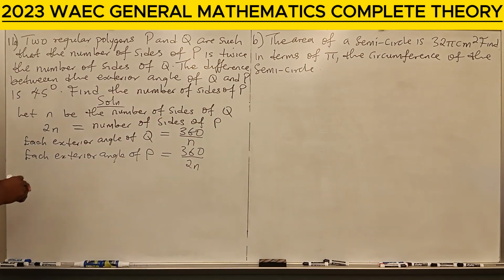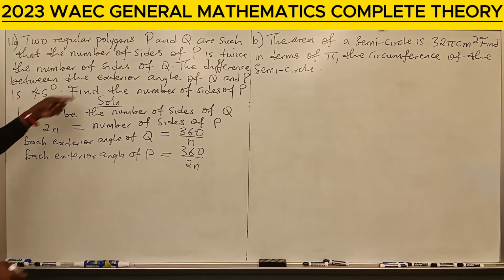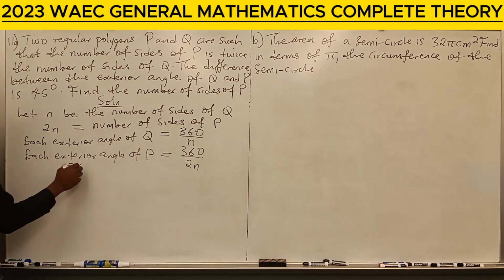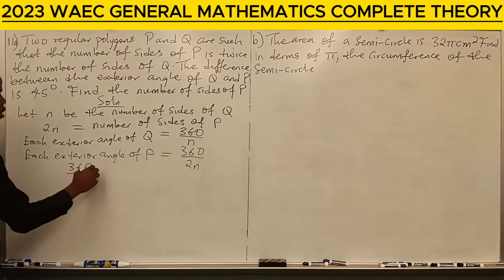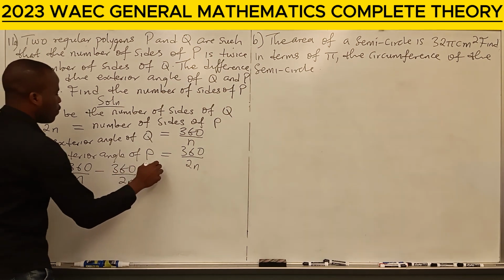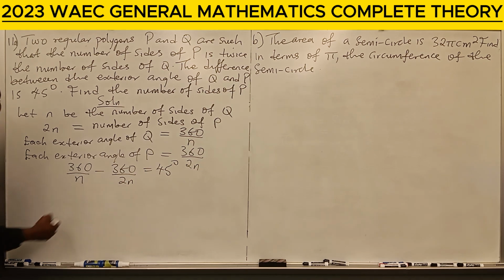Now, we are told that the difference between the exterior angle of Q and P is 45 degrees. The difference between this and this. So 360 over n minus 360 over 2n is 45 degrees. I can multiply through by the LCM, which is 2n.